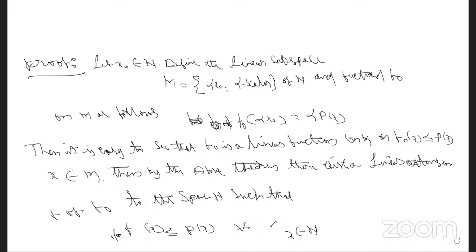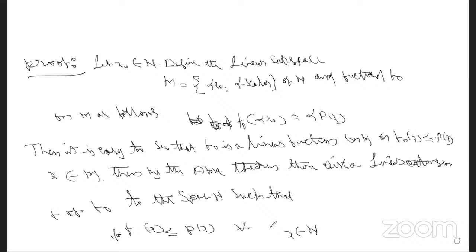Let p of x be a sublinear functional on real linear space N and M a linear subspace of N, and f naught a real valued linear functional defined on M. Let f naught satisfy f naught x less than or equal to p of x on M. Then there exists a real valued linear functional f dash on N such that f dash is an extension of f naught and f dash x is less than or equal to p of x on N.